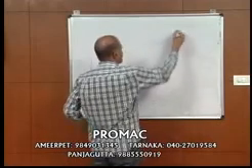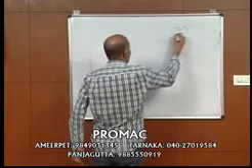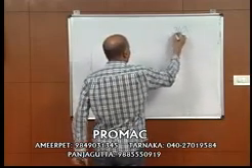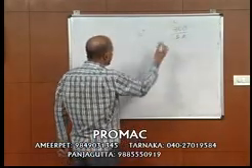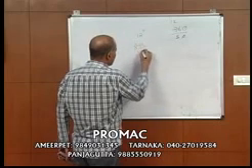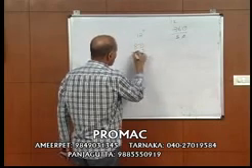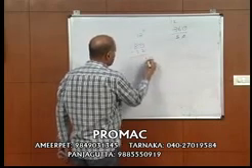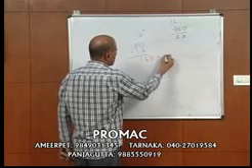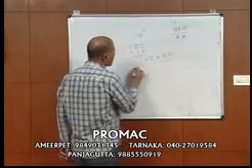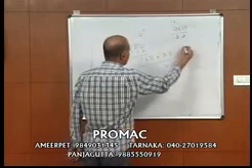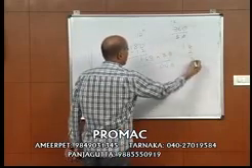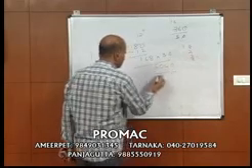What is the sum of internal angles of a 30-sided polygon? Outer angles sum is 360. I have 30 sides. What is each outer angle? 12 degrees. If outer angle is 12 degrees, what is inner angle? 180 minus 12, which is 168. Each internal angle is 168 and I have 30 internal angles. So how many? 5040.